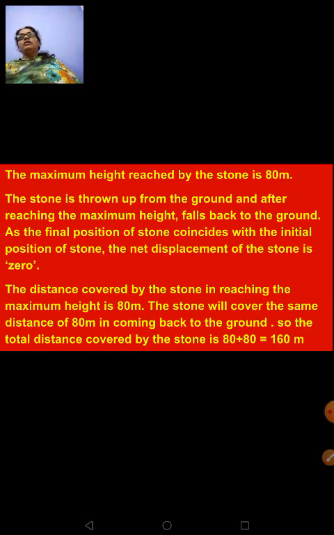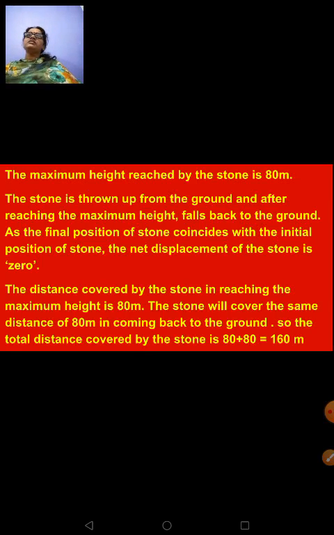Now, what is the total distance covered by the object after it reaches the ground? The object is thrown up. They told us to calculate the maximum height that the stone would reach. We have calculated it as 80 meters. When the stone reaches a height of 80 meters, it falls back to the ground. That means again it will travel a distance of 80 meters towards the ground.